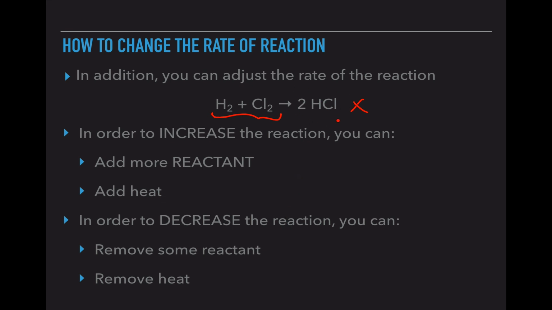If I want less hydrochloric acid, or I want it to happen at a slower rate, I remove reactant or remove heat. Now this is exactly how a refrigerator works. Refrigerators take energy away from the molecules. They go from moving very quickly to moving very slowly, and that slows the chemical reaction of the food actually spoiling.